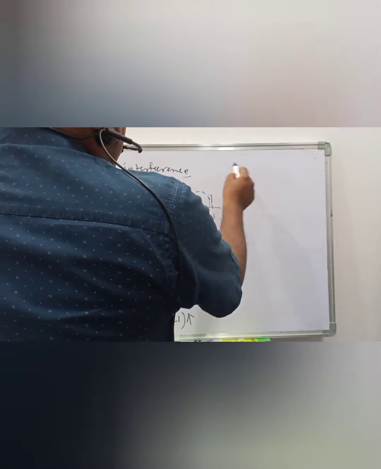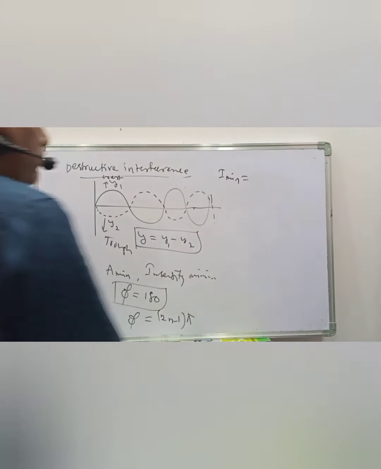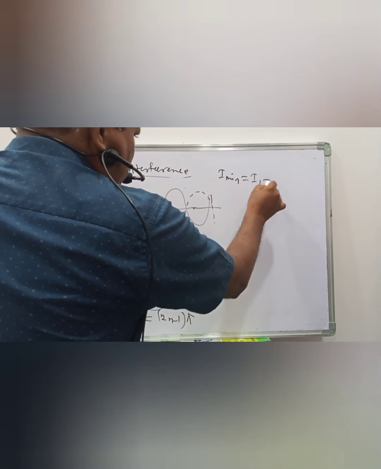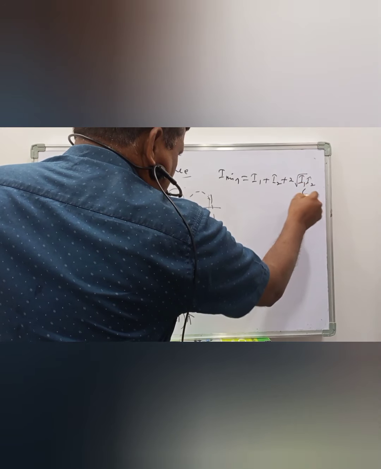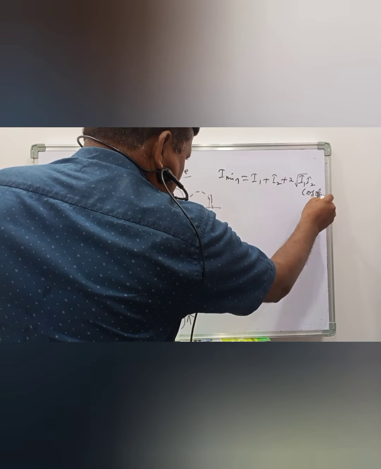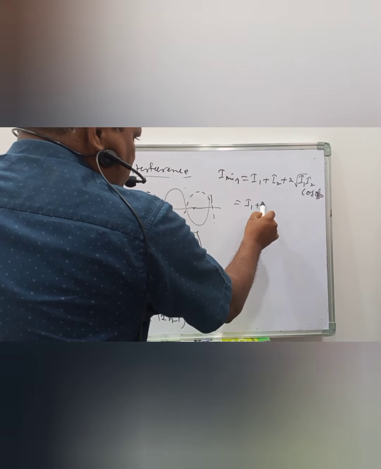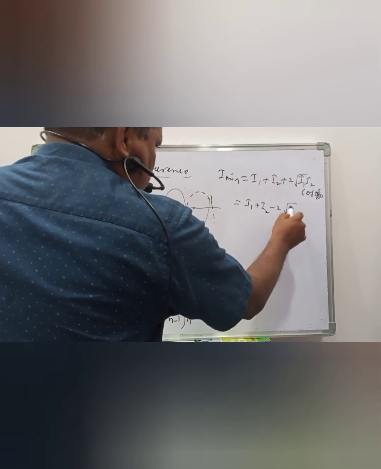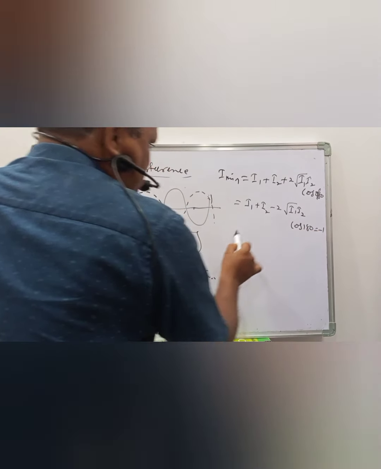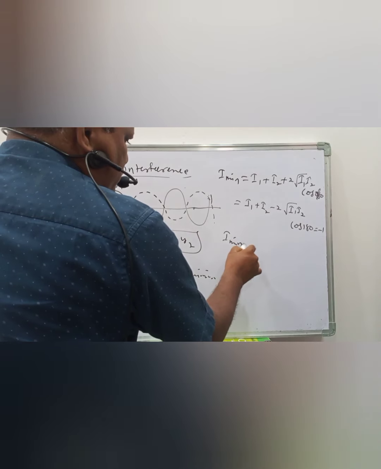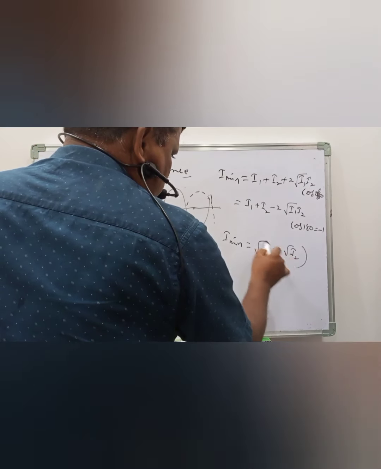Now the intensity of the two waves, I minimum = I1 + I2 + 2 root over (I1 I2) cos 180. Cos 180 value is minus 1, so we can write I1 + I2 minus 2 root over (I1 I2). This is the A minus B whole square form, so I minimum = (root over I1 minus root over I2) whole square.